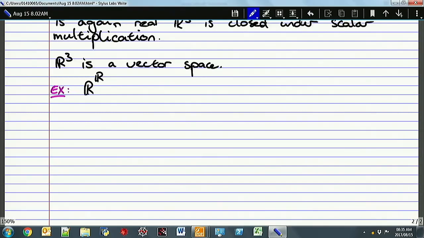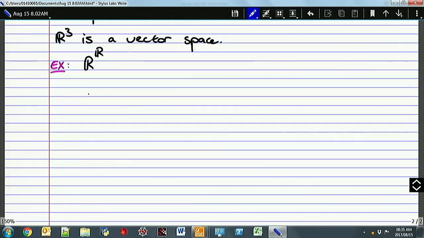And that's just R raised to R. And what this is, is simply the space of all functions which accept all the real numbers as inputs, and your outputs are some real numbers. So this is the space of all functions, a space of functions.